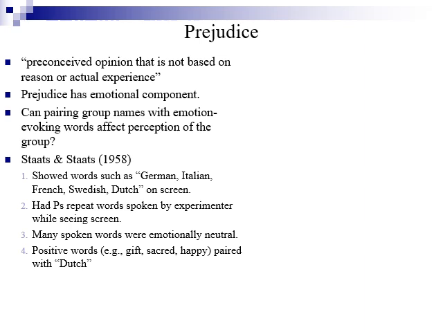So when the word Dutch was on the screen, the experimenter would say gift, and the participant would also say gift. Then they would move on to another nationality and hear another word, and then we get back, and Dutch would show up on the screen, and the experimenter would say happy, and the participant would say happy, and so on.